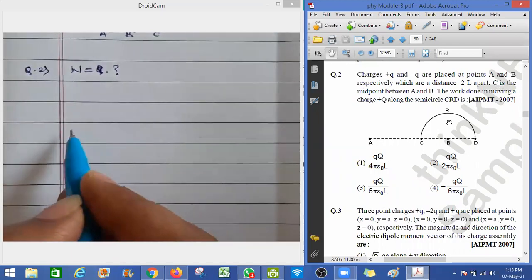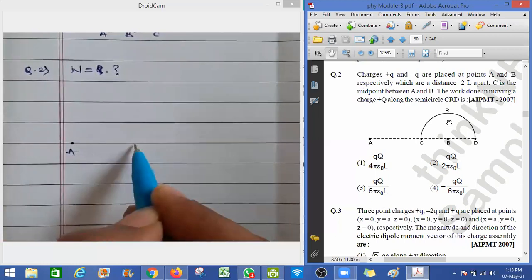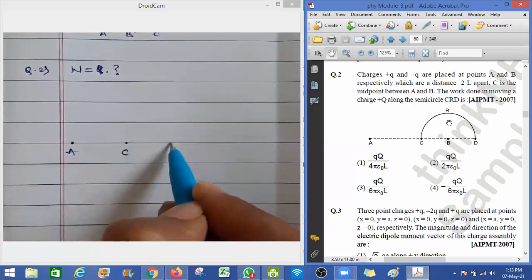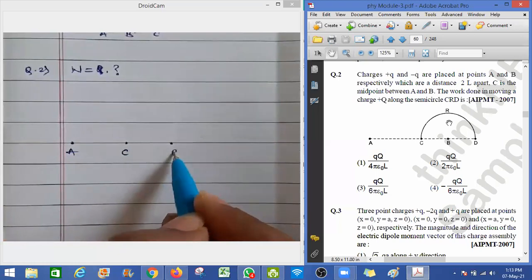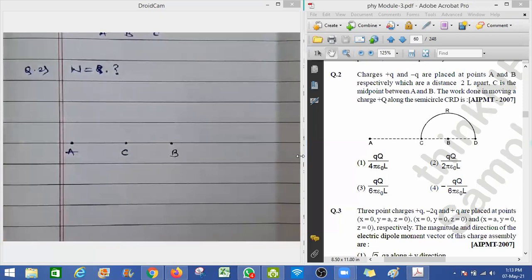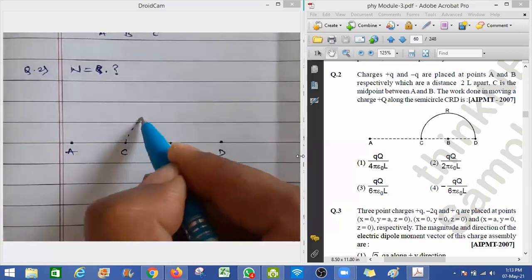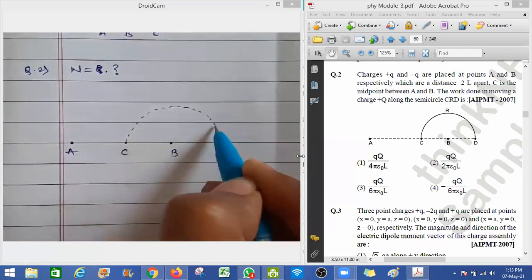So let us draw the geometry first. Here we have some point A, here we have some point C, and here we have some point B. Now keep on observing and writing along with me. Here we have some point D. We have one arc like this.